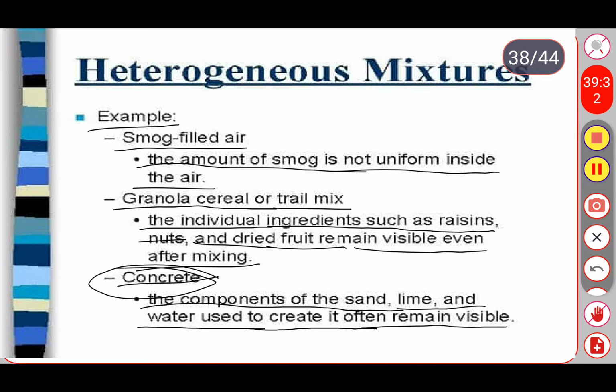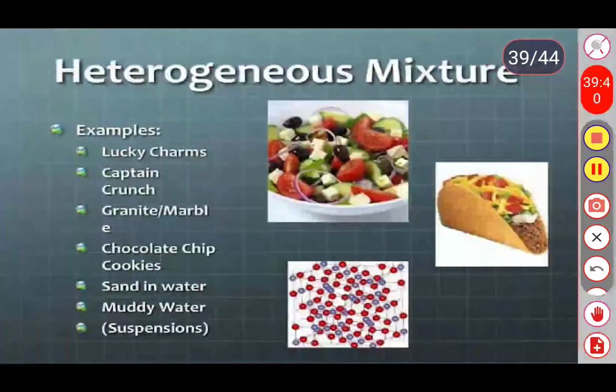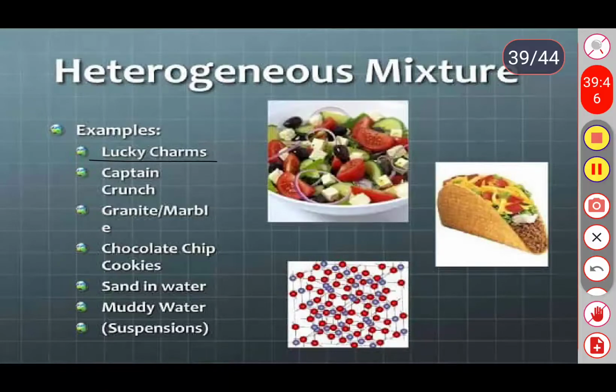See here, some more examples are given for heterogeneous mixtures. The first ones are Lucky Charms, Captain Crunch, granites and marbles, chocolate chip cookies, chocolates, chips and cookies, sand in water, muddy water and suspensions.